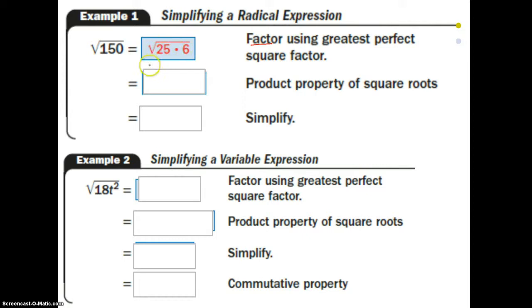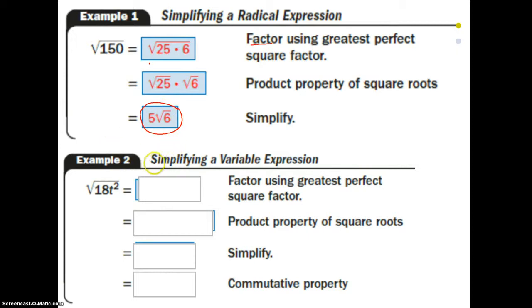So if I split them up, I can take the square root of 25 is 5, square root of 6, actually, I was wrong. This is not a perfect square because obviously 3 times 3 is 9, 2 times 2 is 4, so there is no perfect square. So the simplest we can go is this.